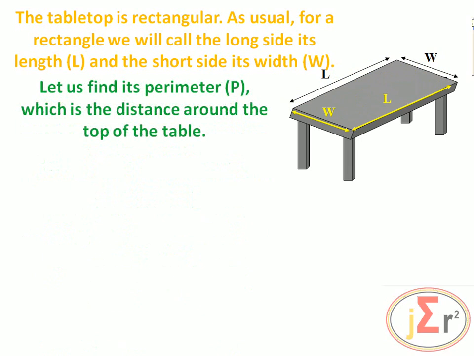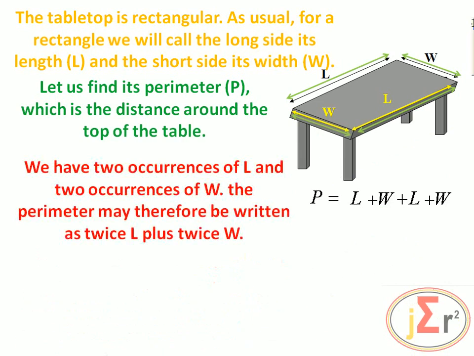Let us find its perimeter P, which is the distance around the top of the table. So P is equal to length plus width, then plus length again plus width.